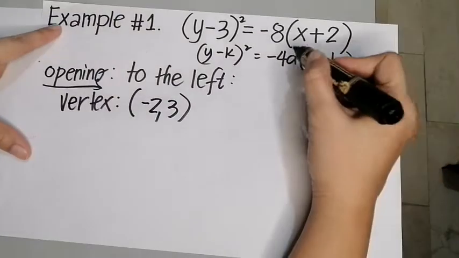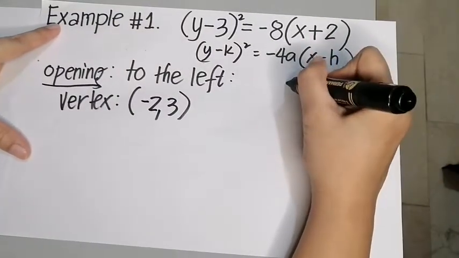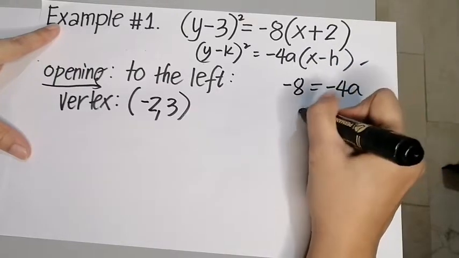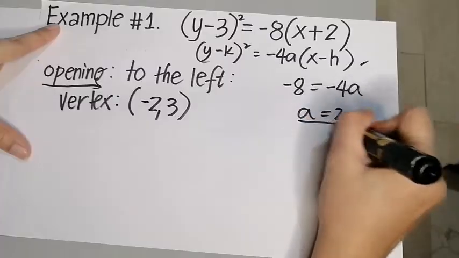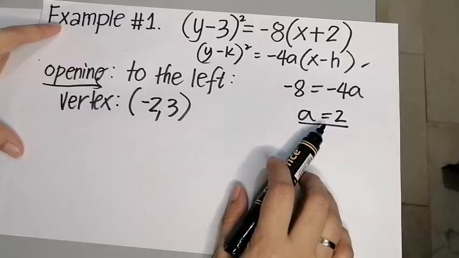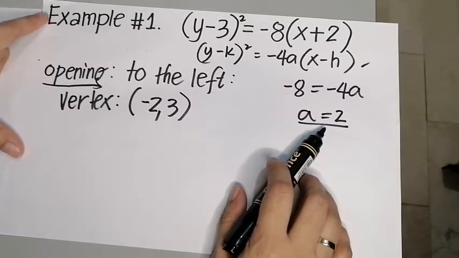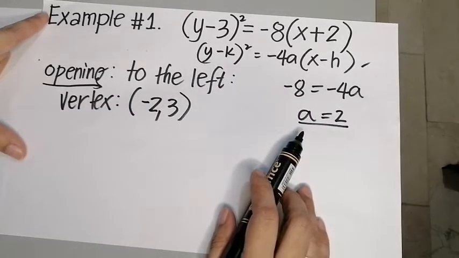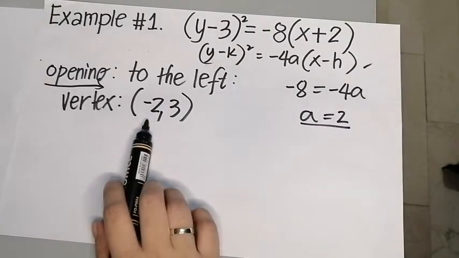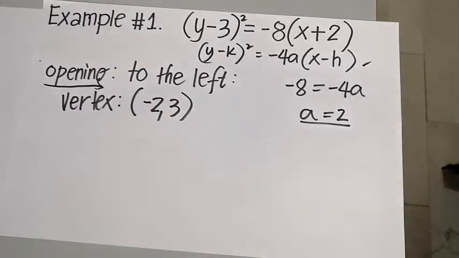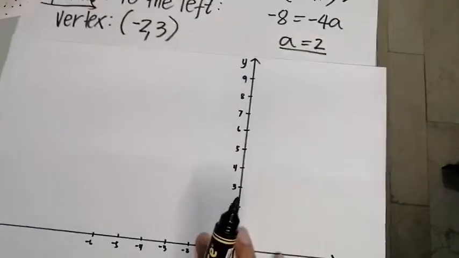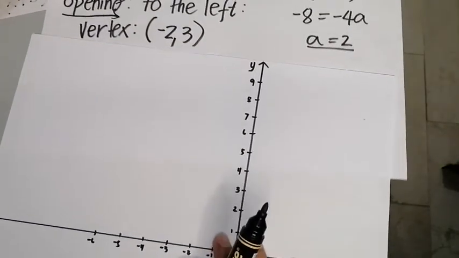Since negative 8 is equal to negative 4a, therefore the value of a is equal to 2. These are the only things that we should know, guys, before we can graph and determine the elements. That's just one of the strategies. So we have a equals 2 and the vertex at (negative 2, 3). Then you can immediately proceed to graphing and determine the other elements.